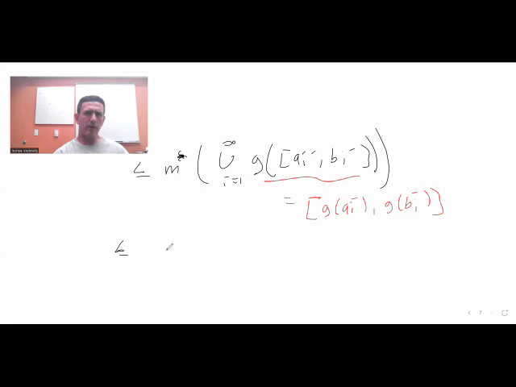So I'll write it like this: the sum from i equals 1 to infinity of the outer measure of this interval, which is clearly the length. I'll erase this in a minute.